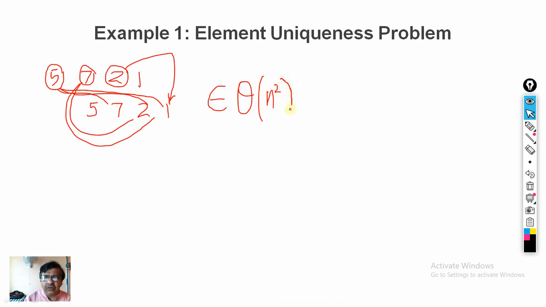Now, if you sort the array, for example, the same thing, if it is put this way, 1, 2, 5 and 7, it becomes a lot simpler. This is to be compared with this, this is to be compared with this, and this is to be compared with this. There are 4 elements and 3 comparisons.